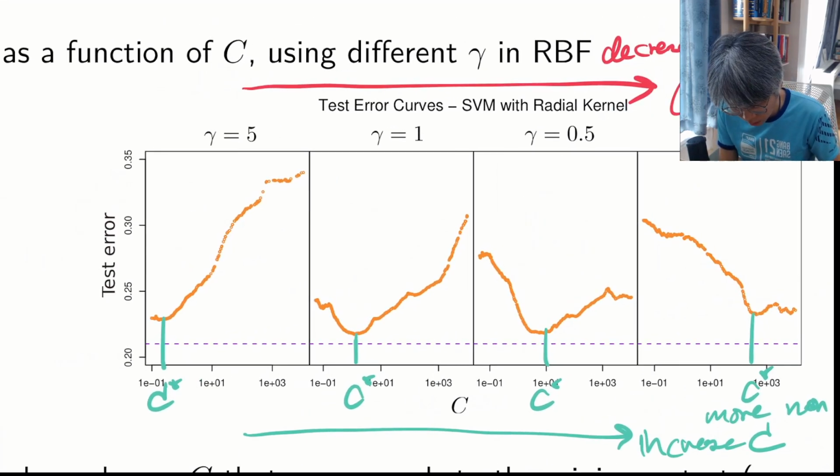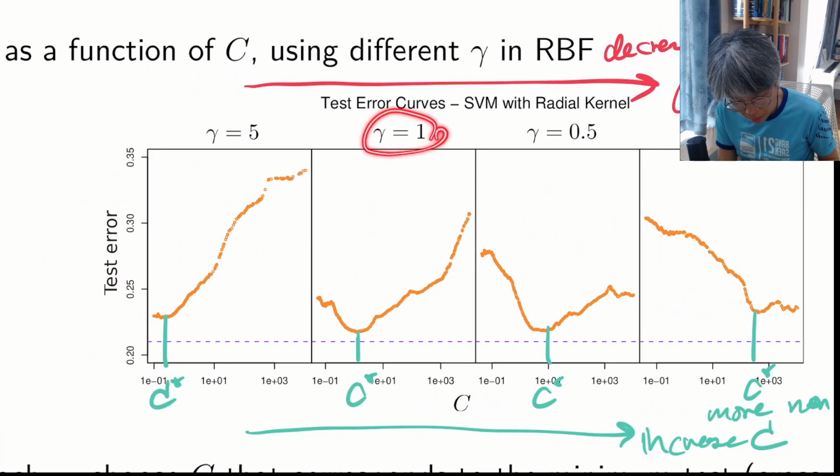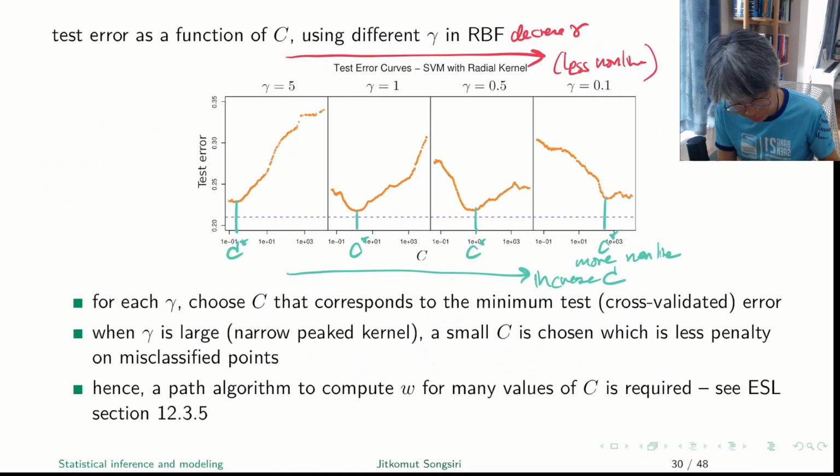Of course, for gamma equal to 5, the optimal C that you should pick is the one corresponding to the smallest test error. As gamma decreases, it seems that the optimal C is getting bigger and bigger. Why is that?